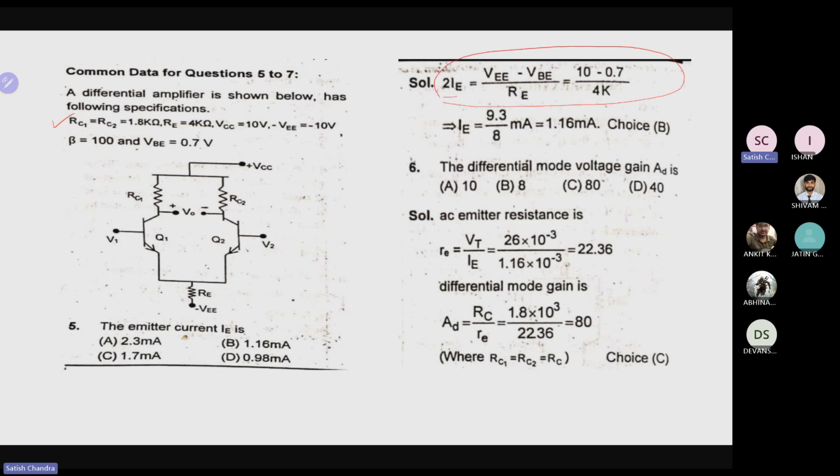IE is nothing but VEE minus VBE across this part, divided by RE. All these values have already been given, so we are able to find out the IE current.